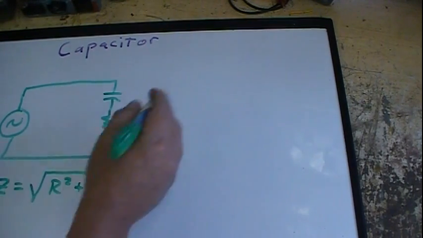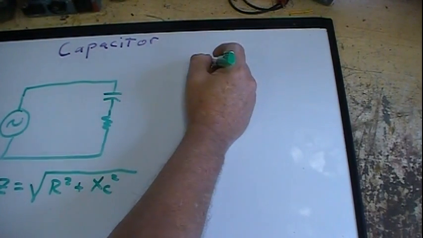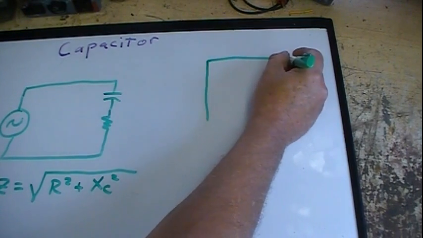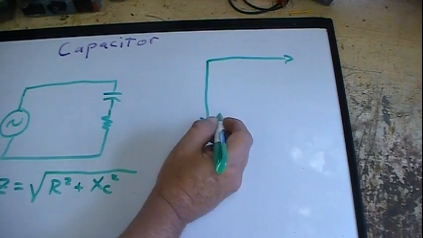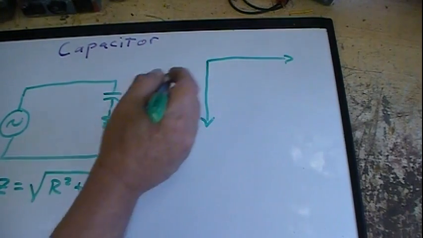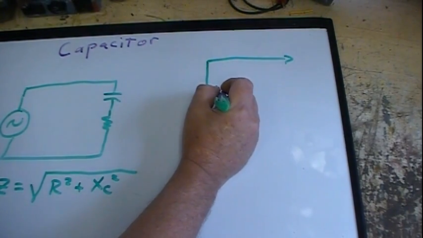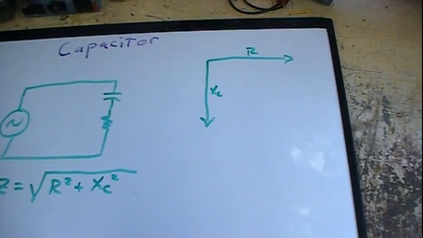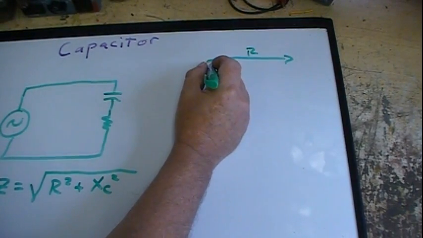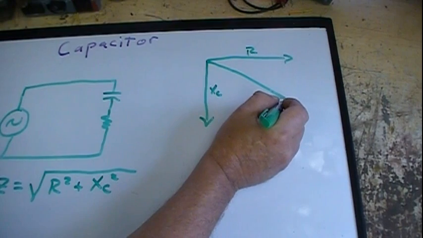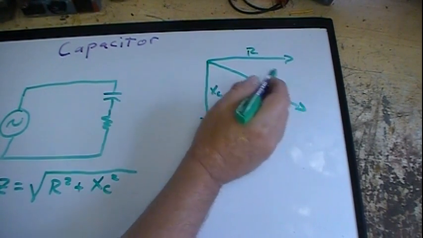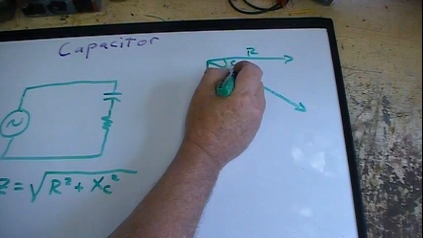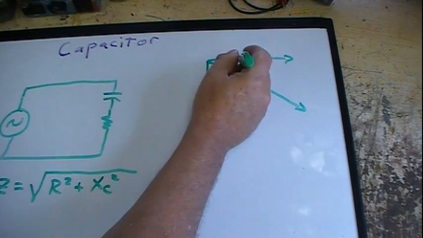But this will be X sub C, and this will be resistance. Impedance is going to come off this way at some sort of angle, which we'll call theta, just a little circle with a line through it.